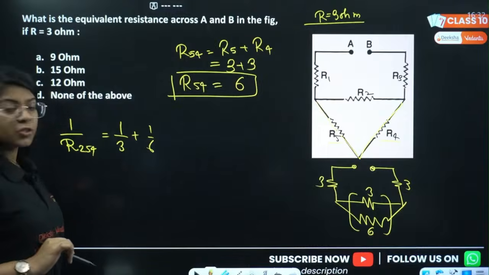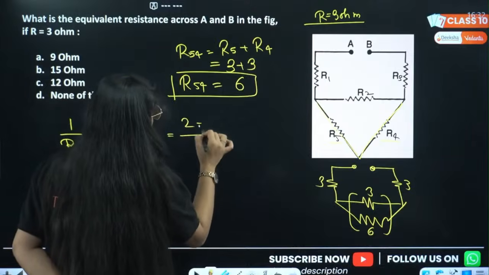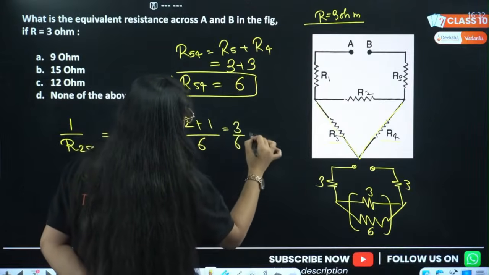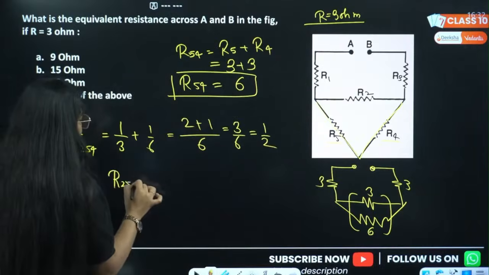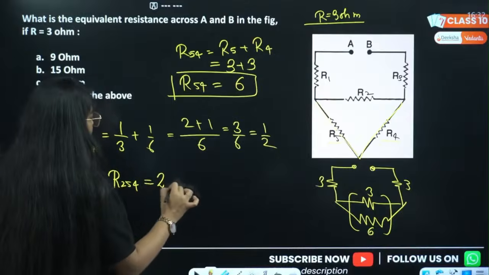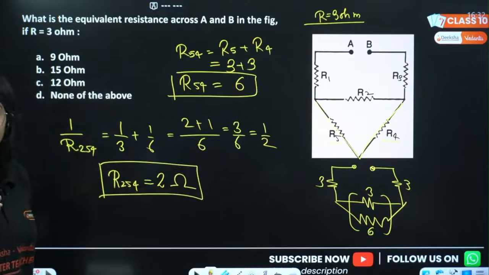Correct? So how much will this be? LCM is 6, 2 plus 1 equals 3 by 6. That will be 1 by 2. So R254 will be simply 2 ohm. Till here, any doubt? Did everyone understand?